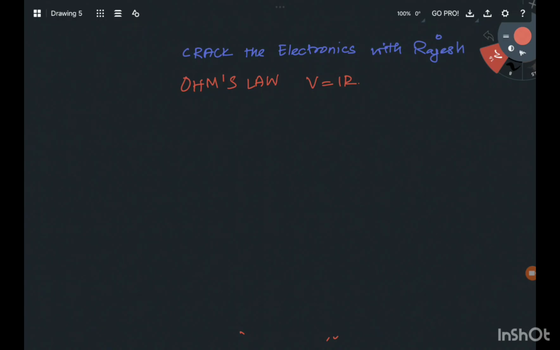The next thing in voltage we are going to see is how voltage acts in series and parallel. Voltage always divides among components.